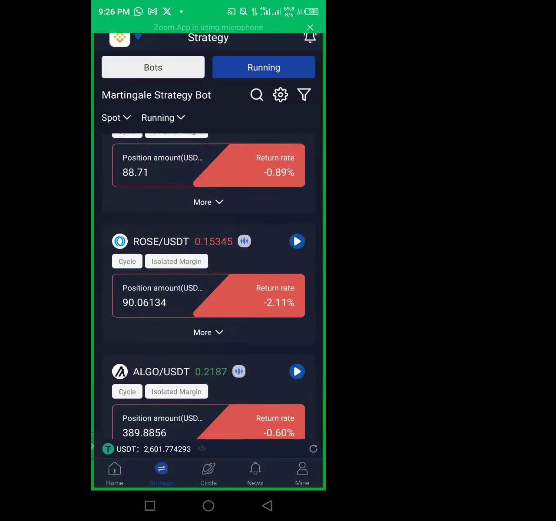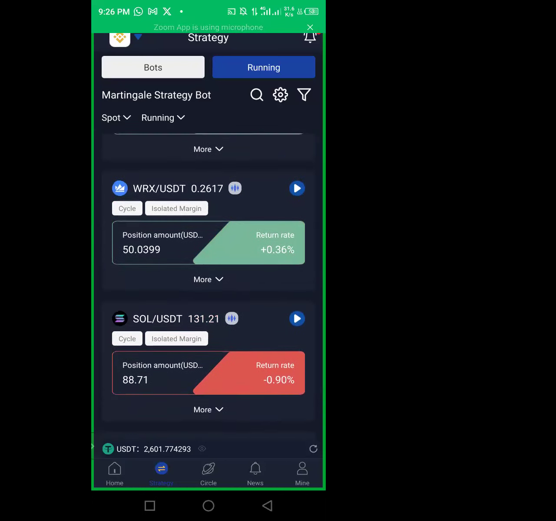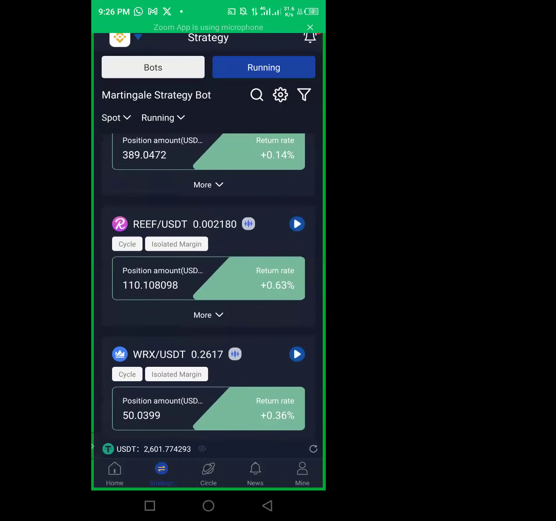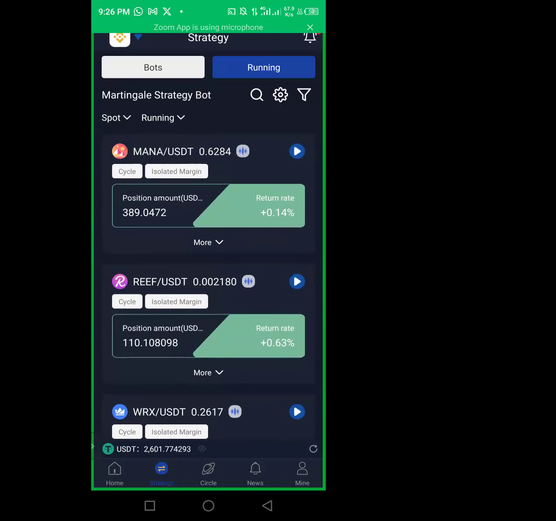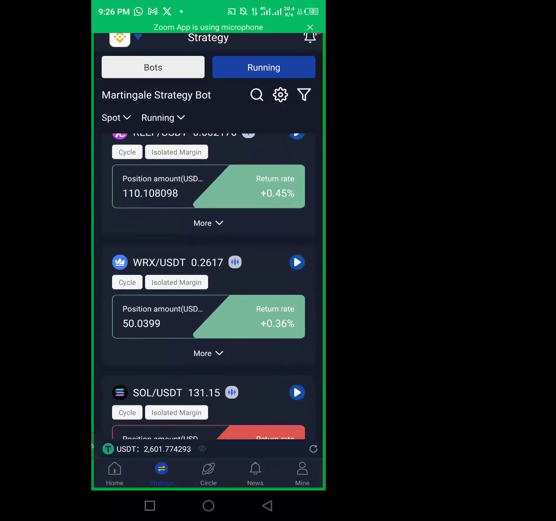If you are able to manipulate all these trades and they deliver, before you know, you start making huge profits. So that is it on market manipulation.